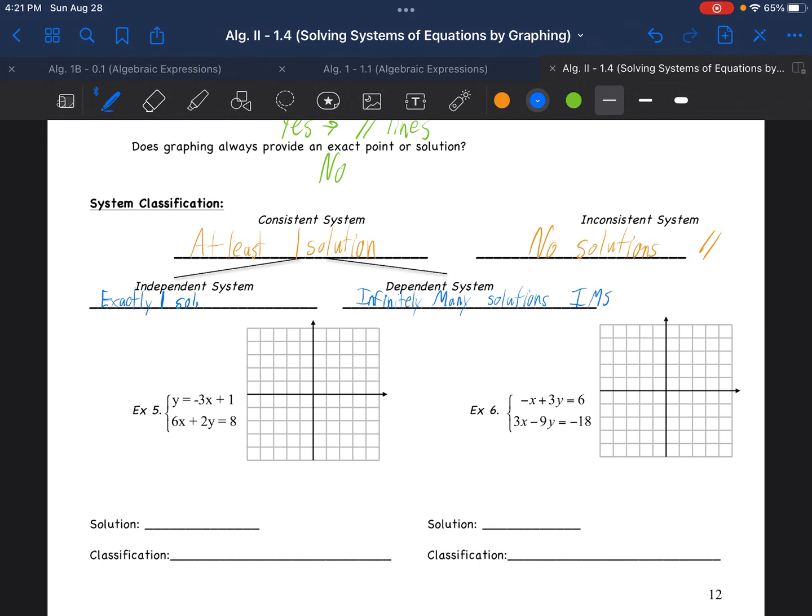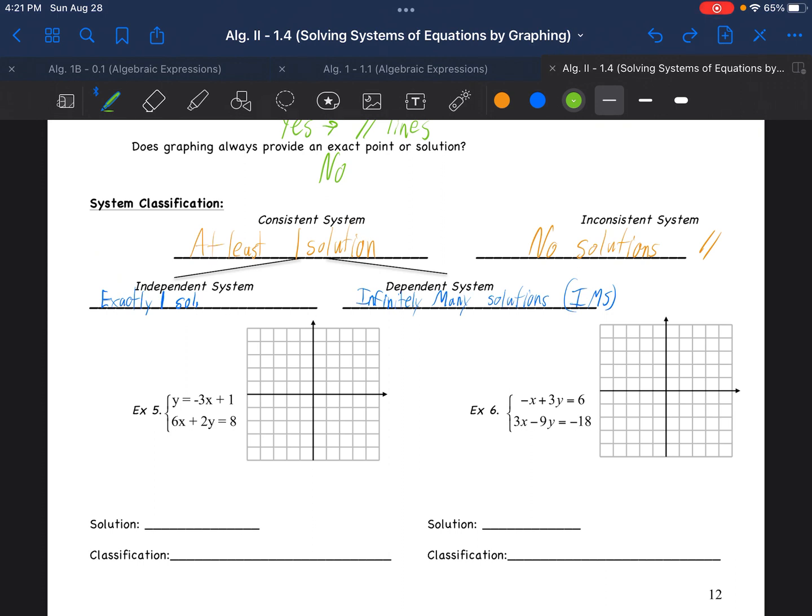You might also know infinitely many solutions being called IMS for short. Now, every problem we've had so far would fall under this category of having exactly one solution, meaning those systems of linear equations would be called consistent and independent.